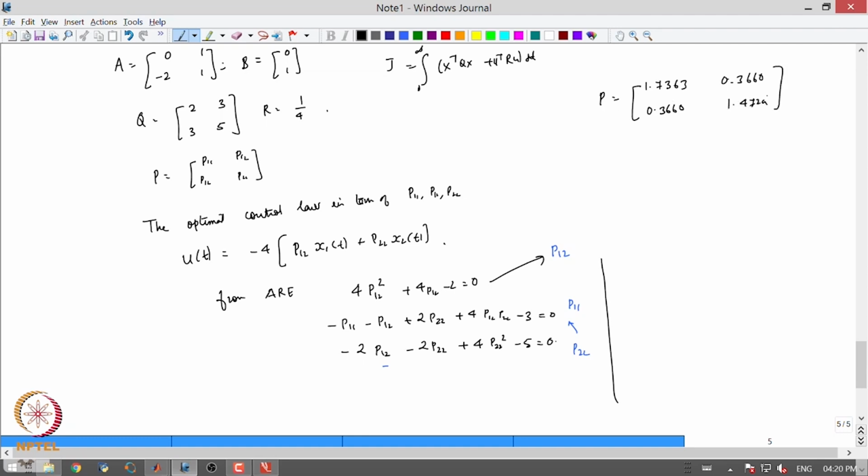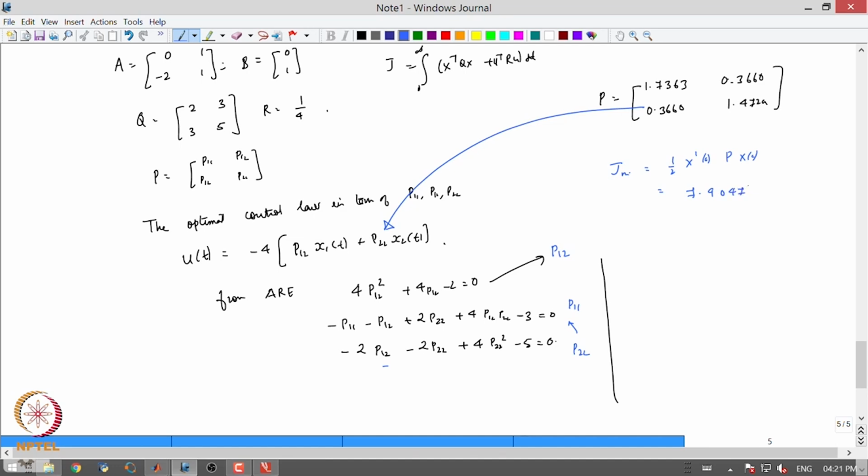Then I can plug this P into my optimal control law. All the steps will follow, and the J minimum will be as usual half x transpose 0 P x naught, and that will be 7.9047.